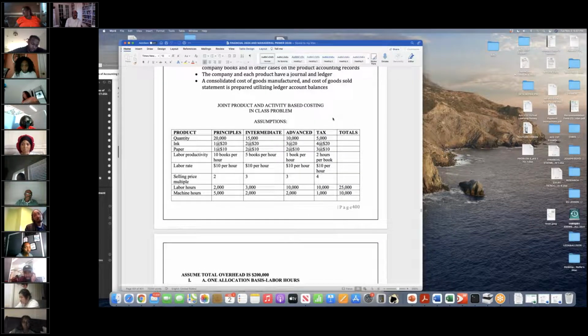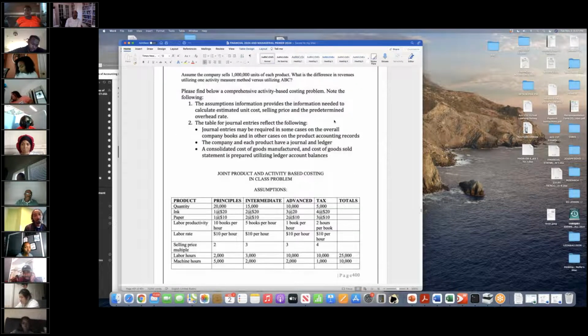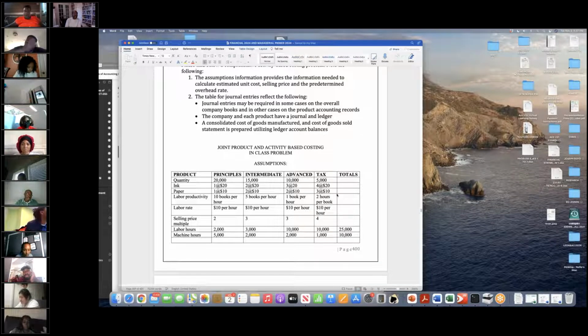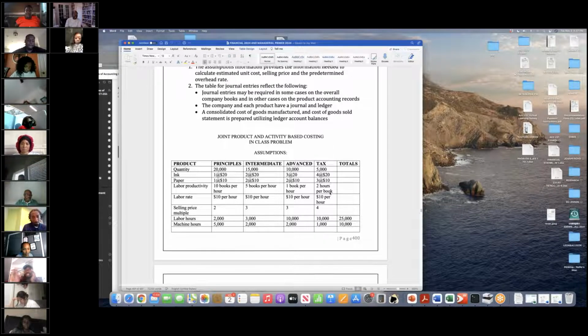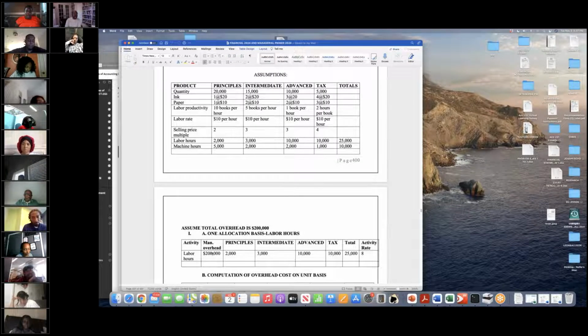So when we look at the problem with joint product costing, we have the assumptions. We're looking at it from the standpoint that we have 4 books, but it's only one overhead cost for all the books.